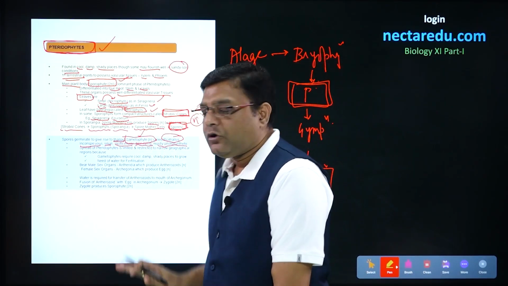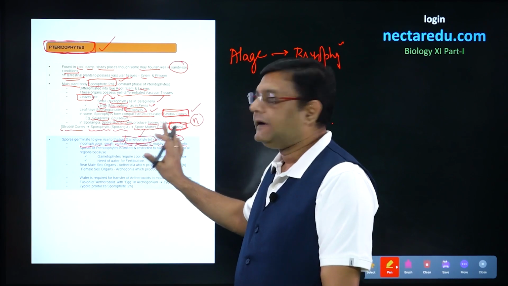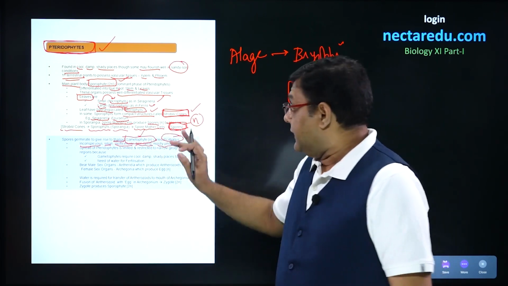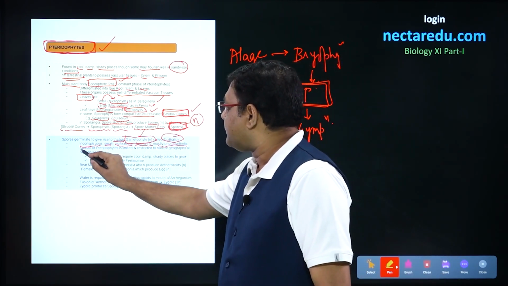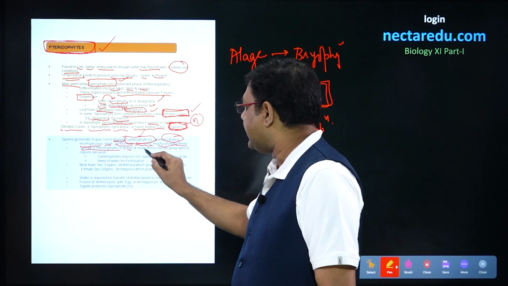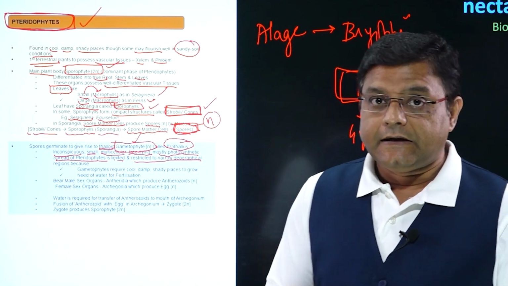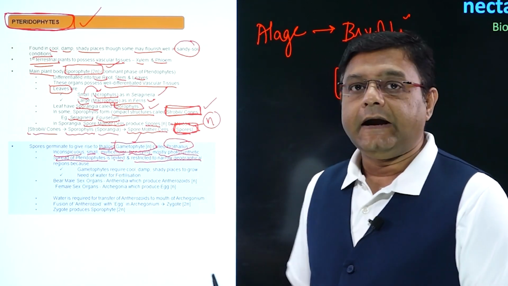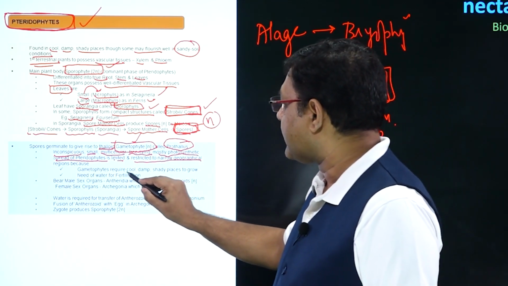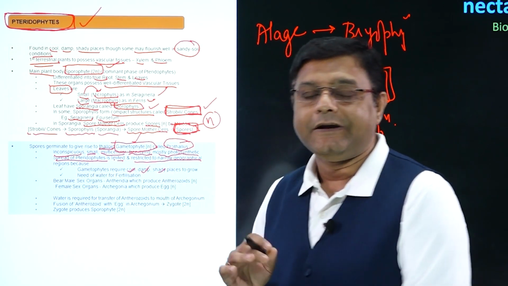Now, due to the gametophyte phase present in the case of pteridophytes, the spread of pteridophytes is limited and restricted to a narrow geographical region. It is because this gametophyte will always require a cool, damp and shady place to grow.